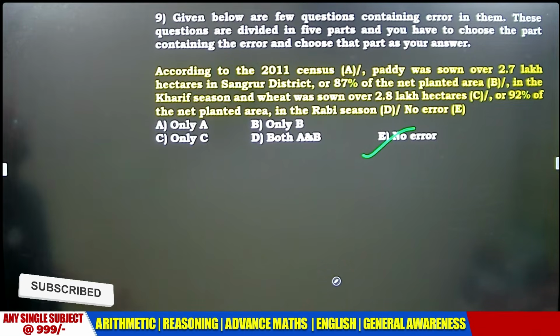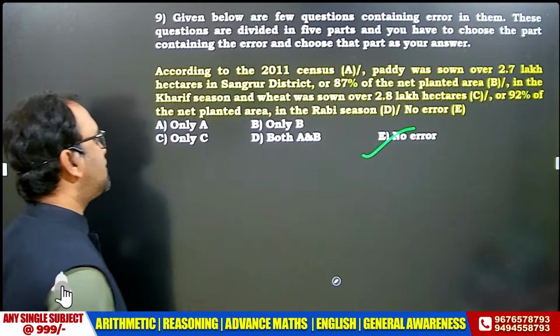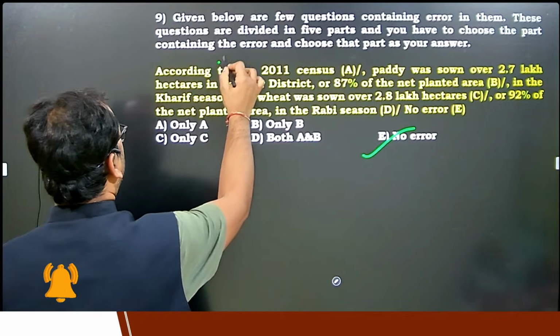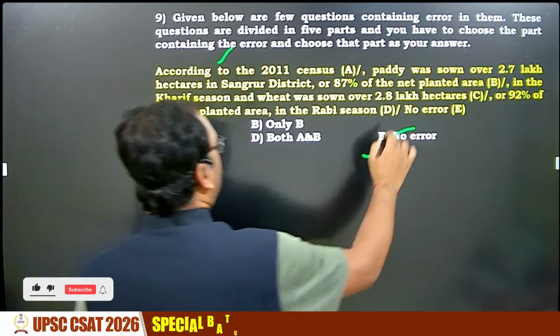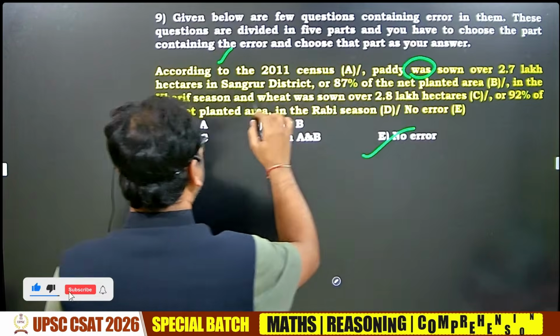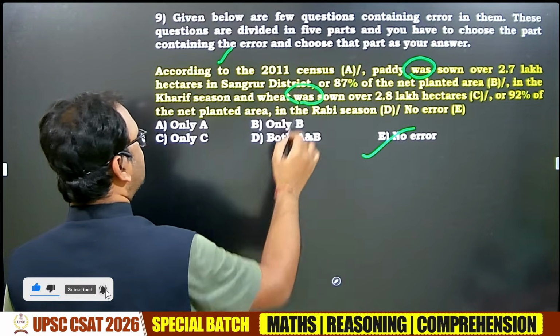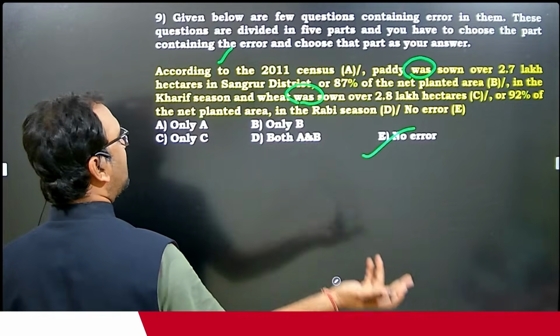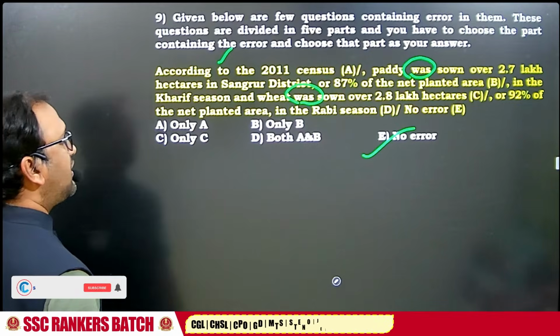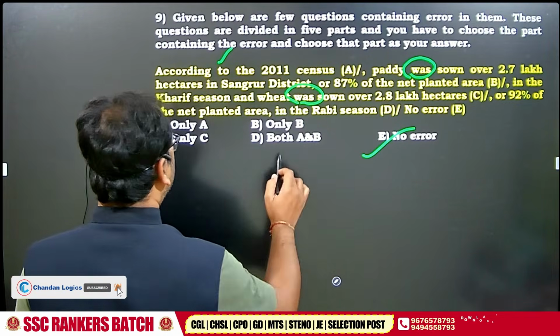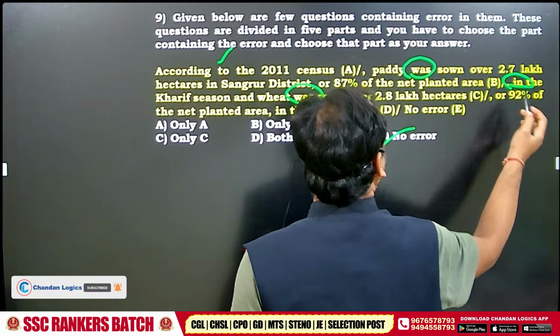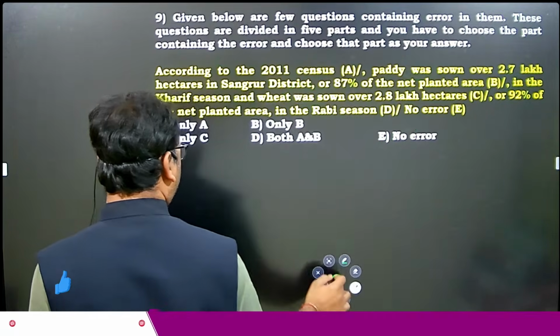The only observation is a small preposition, according to, correct? And here the sentence is in past tense. Here also the sentence is in past tense. Except that there is nothing else related to grammar in the Kharif season. All simple. There is no chance of having an error.